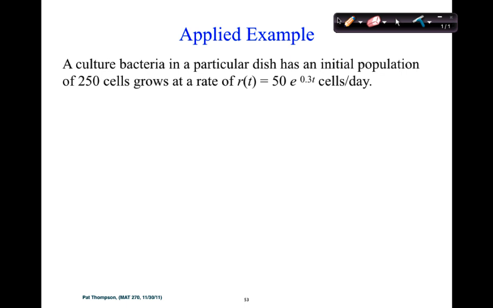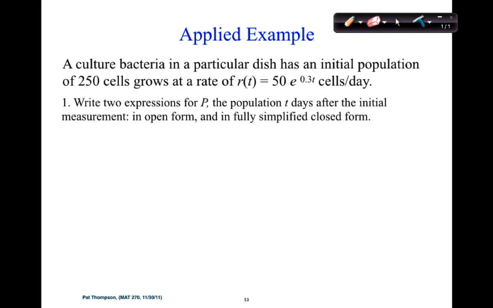So now we're going to apply this to rate of change and accumulation. A culture of bacteria in a particular dish has an initial population of 250 cells and grows at this rate, 50 e to the 0.3 t. So I want you to write two expressions for the population t days after the initial measurement.